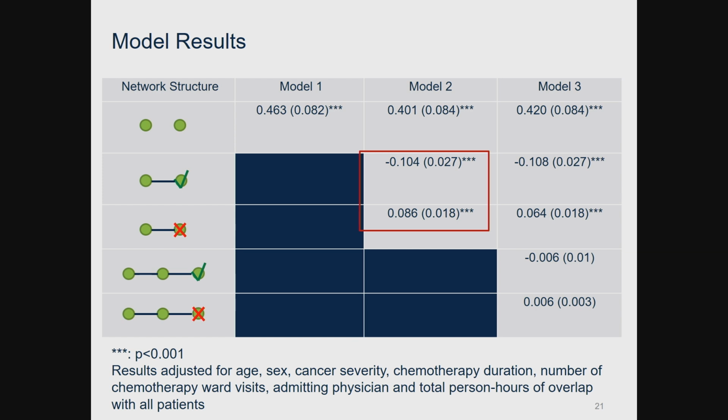Being connected to patients who are surviving is correlated to a decrease in 5-year mortality, but being co-present with patients who are dying within 5 years is related to an increase in 5-year mortality. And we see no significant effects of the two-step models. And then even when we add those in, we still see fairly consistent results for everything else.